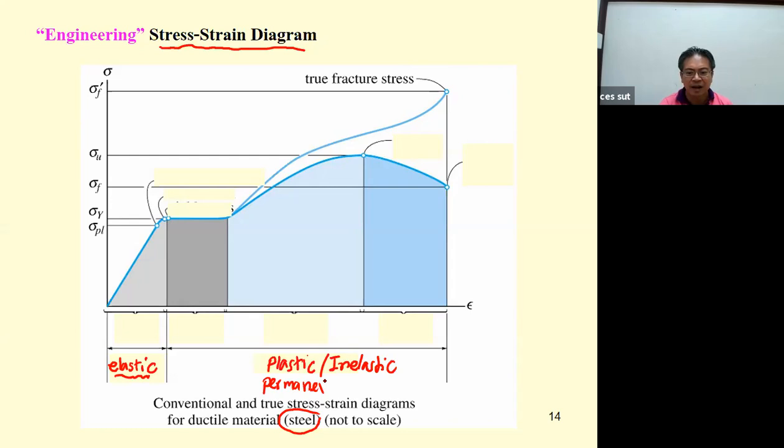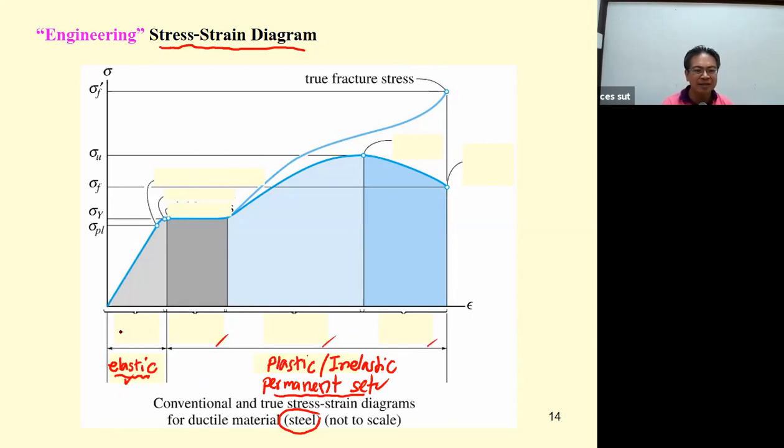Permanent set means there is permanent deformation in the plastic behavior. Okay, this is different. There is no permanent set for the elastic behavior; there is permanent set for the plastic behavior. And then the plastic behavior will be separated into 3 more portions. We will discuss this later.